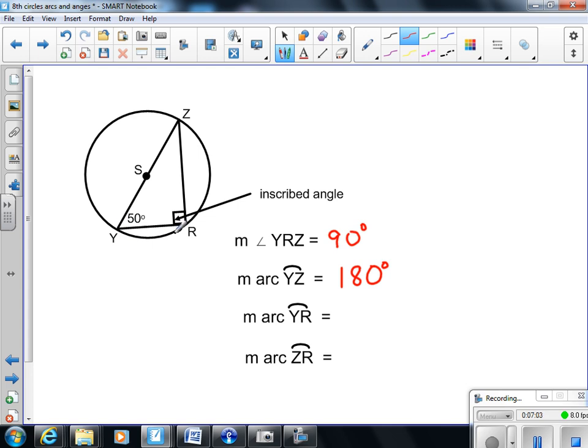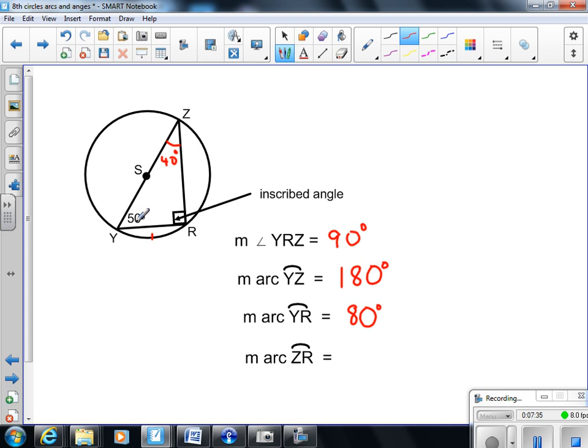Well, what do you need to know before you can find the measure of this arc? You need to know the measure of the inscribed angle. Okay, if this one's 50 degrees and that one's 90 degrees, what does this measurement have to be? Because it makes a triangle and they all add up to 180 degrees, this would be 40 degrees. Okay, so if this inscribed angle has a measurement of 40 degrees, what is the arc that it creates? Okay, it'll be double that. It'll be 80 degrees. And the measure of arc is ZR.